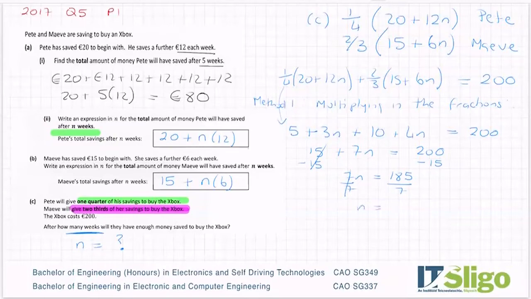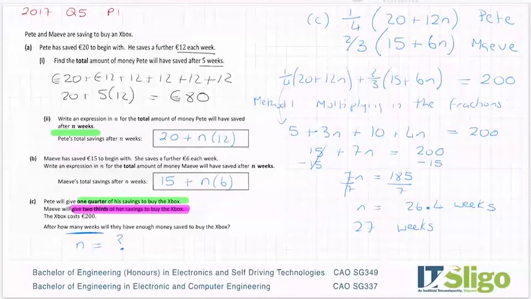So I am getting n equal to 26.4 weeks. So 27 weeks they will have enough money. I went up, there's no point going down. So after how many weeks? 27 weeks. So that's one way of doing it.